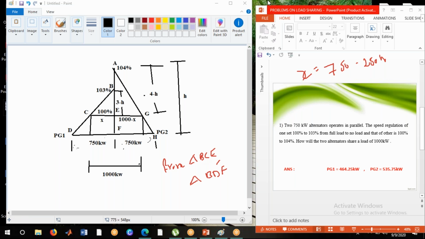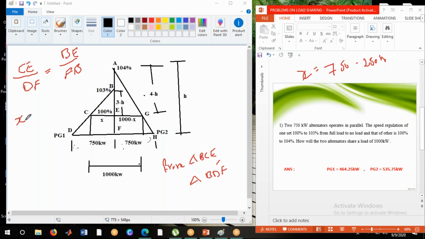So from this triangle we can write like this. In BCE and BDF, from these two triangles we can write the equation CE divided by DF equals BE divided by FB. Right? What is the value of CE here?